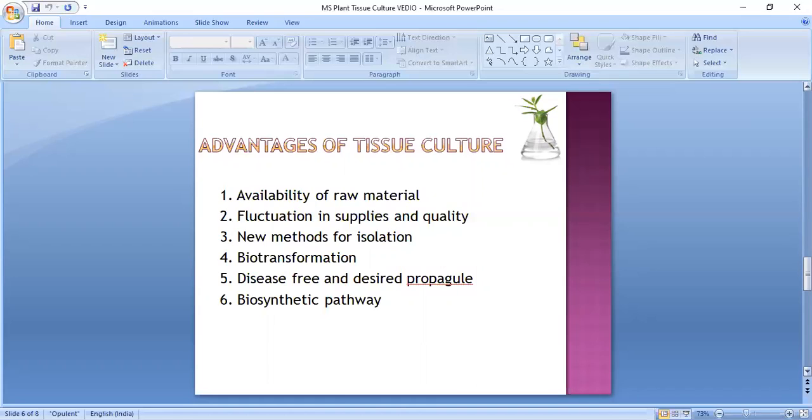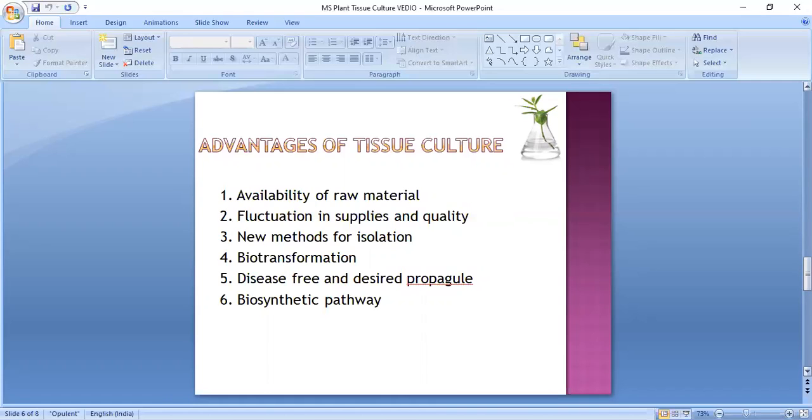Abundance means everywhere. Tissue culture is considered a better source for regular and uniform supply of raw material for medicinal plant industries for the production of phytopharmaceuticals. So we can overcome this problem through plant tissue culture.